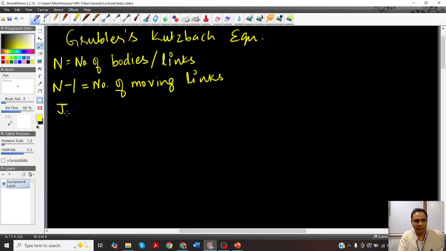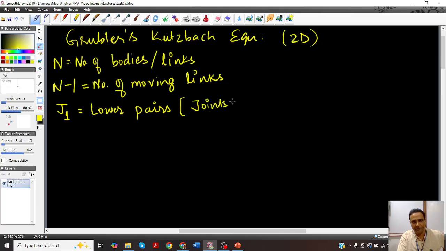Now we'll also count in a given mechanism, let's look at the 2D case for now, how many lower pairs are there. That means joints or pairs with one relative degree of freedom. Similarly, we'll also count how many higher pairs are there.